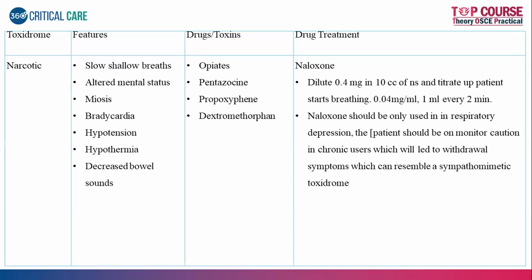The dose of naloxone is also very, very important. You need to dilute 0.4 mg in 10 cc of NS and titrate the patient till the patient starts breathing. Each ml contains 0.04 mg, so you have to give 1 ml every 2 minutes.